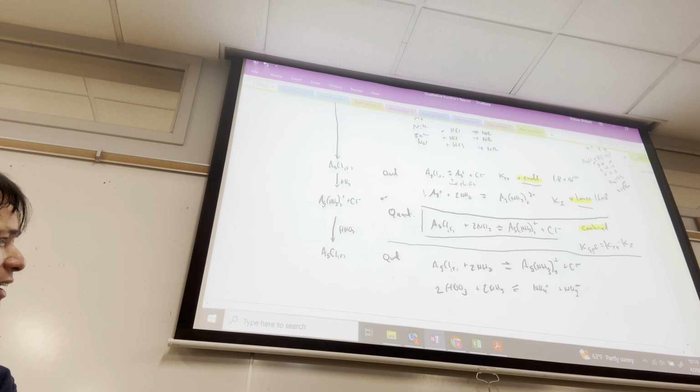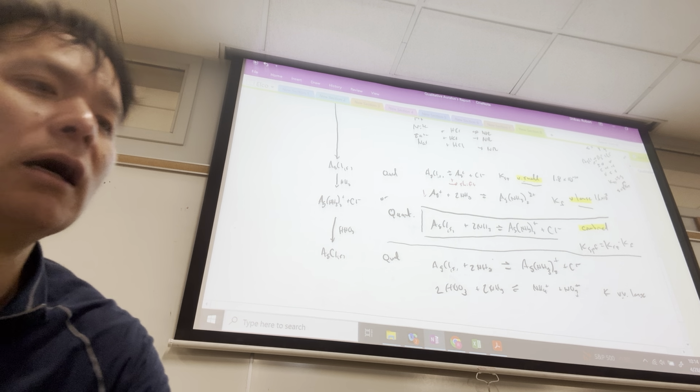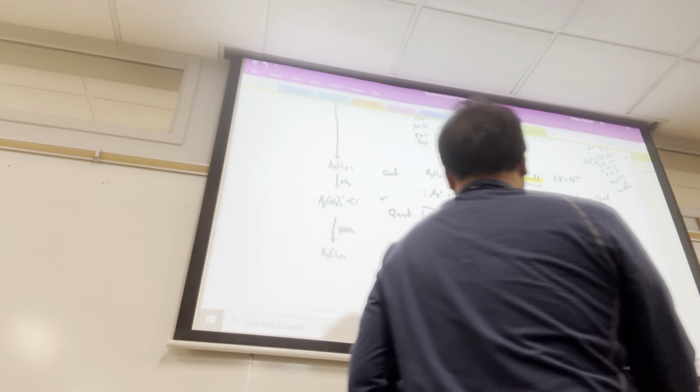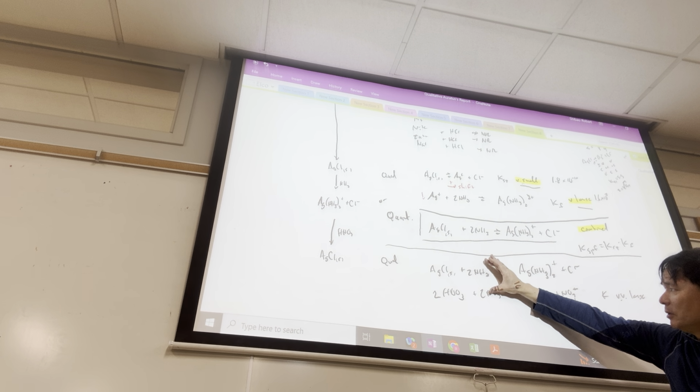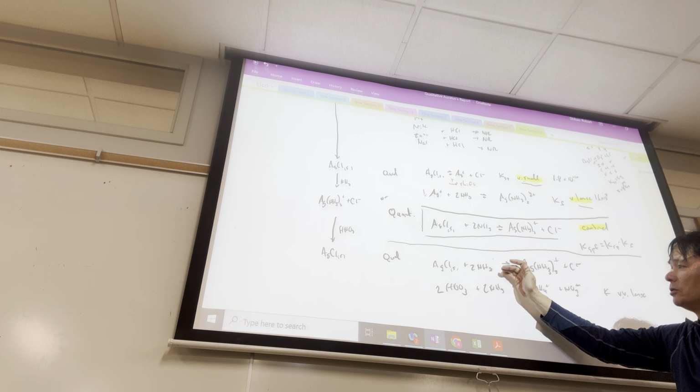K for this is very, very large. So we're just going to do this qualitatively. As the nitric acid attacks the ammonia, this is called free ammonia, this is called complex ammonia. The free ammonia concentration decreases, which shifts the equilibrium to the left.